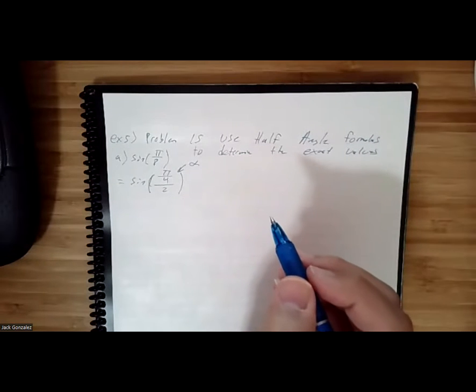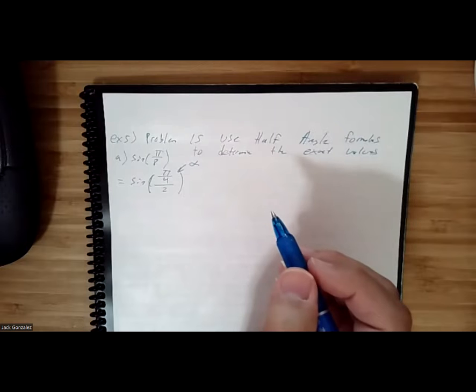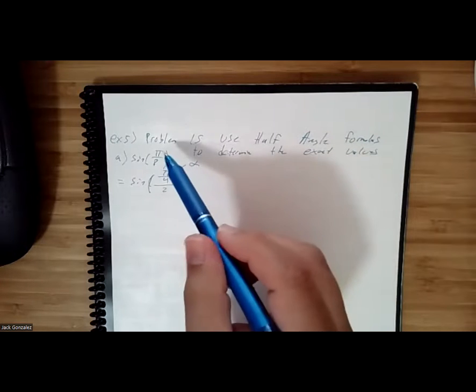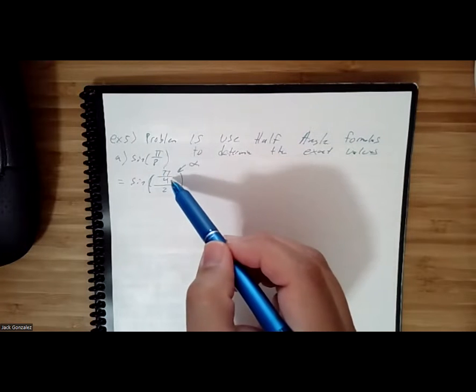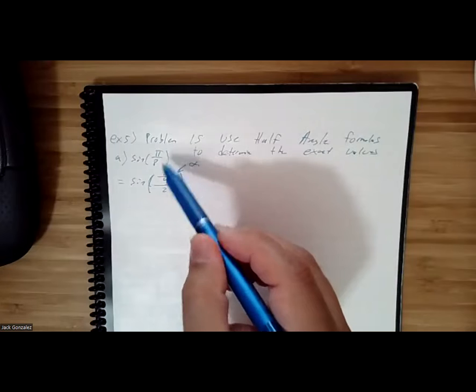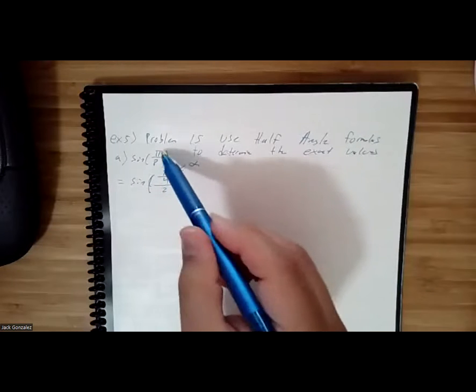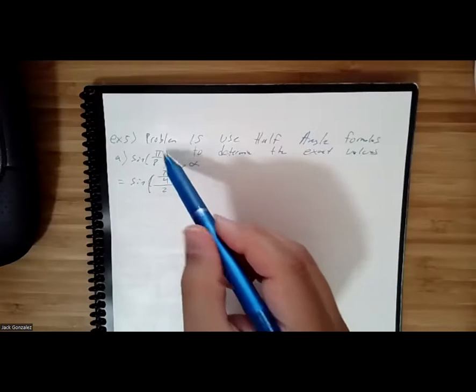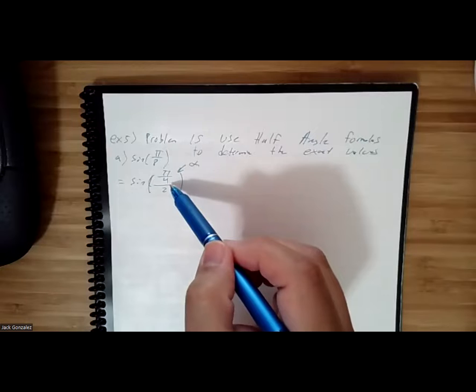I think I use alpha in the formulas. I forget, but you see how this works, right? Half of 4 is 8. So I'm cutting it in half again. Is that weird?